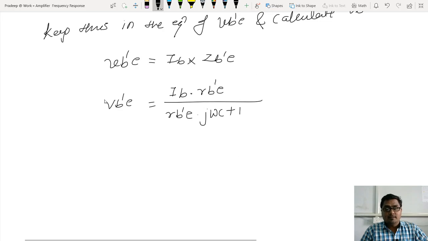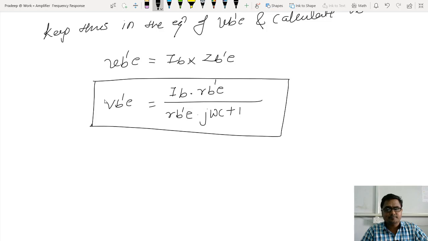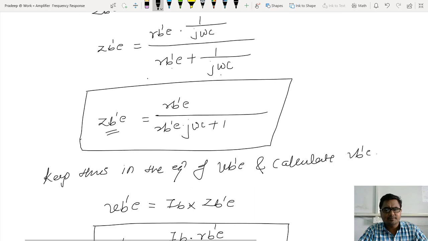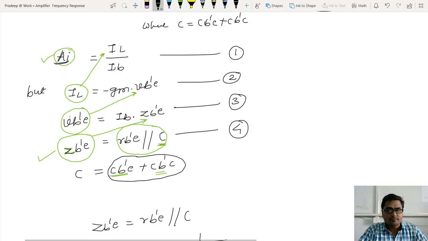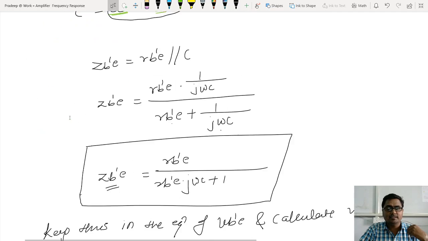Now what to do with this VB'E? We'll follow the same scenario as we have discussed. Now the VB'E part we have finished. Put this value of VB'E in the equation of IL. So what is the value of IL?